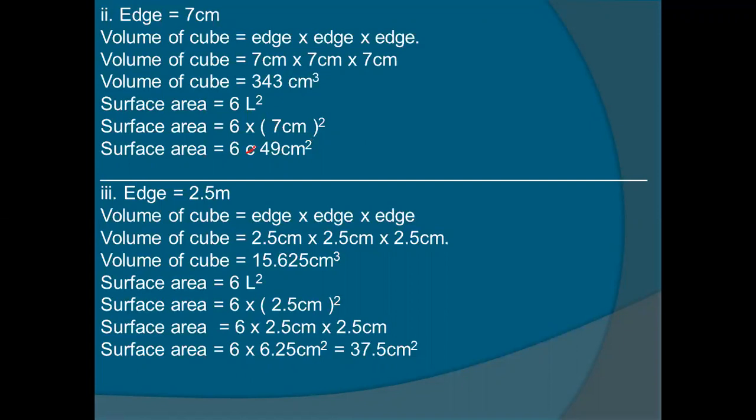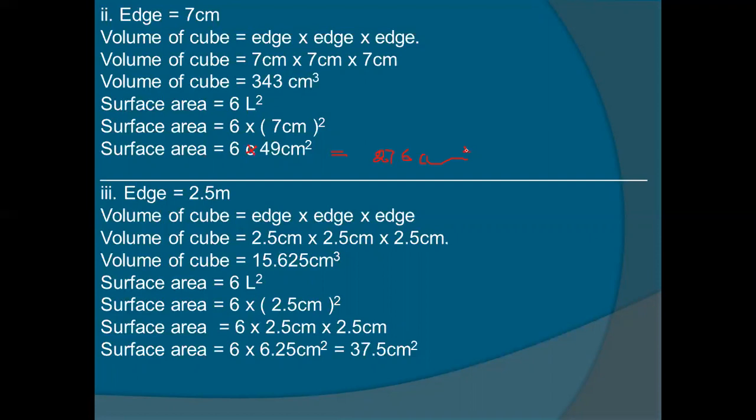Dear student, 6 multiplied by 49 centimeter is exactly equal to, you will multiply: 6 9s are 54, 4 will be here and 5 carried; 6 4s are 24, 24 and 5, it will be equal to 29. So it is equal to 294 centimeter square.